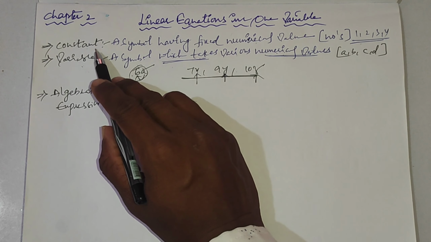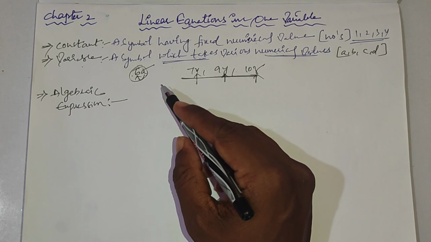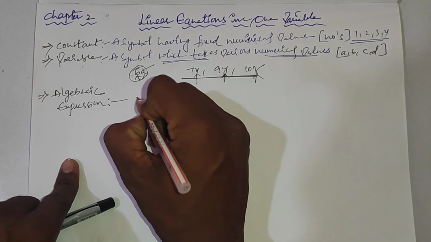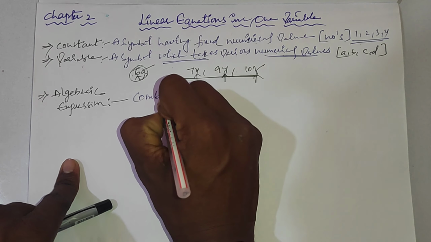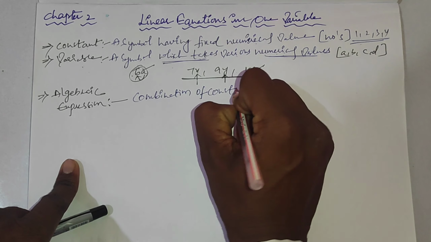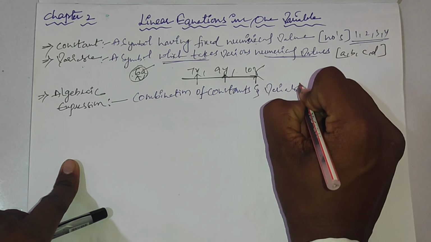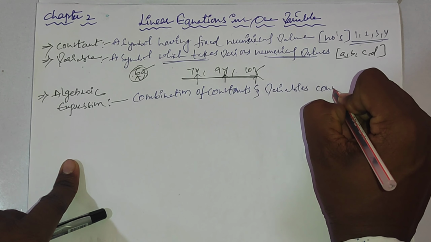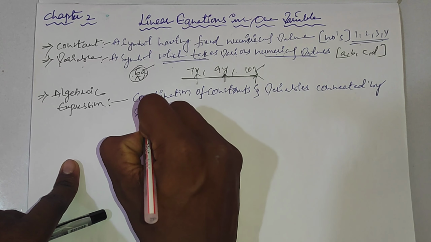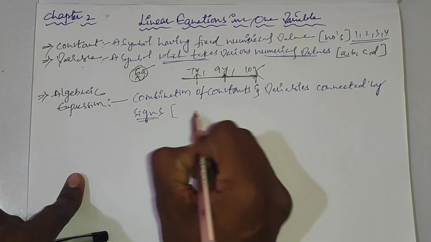It is a combination of constants and variables connected by signs, nothing but symbols. We have four mathematical operators, right?